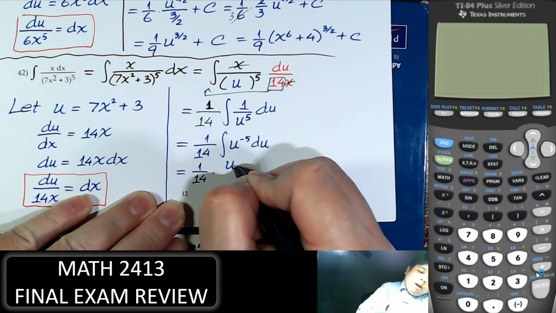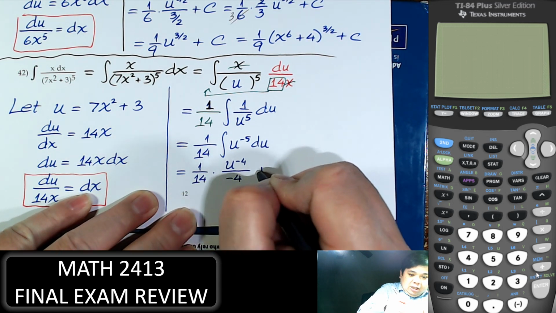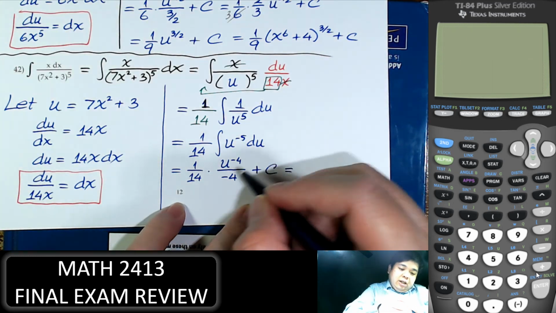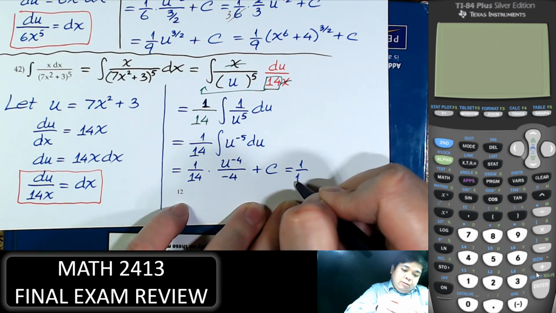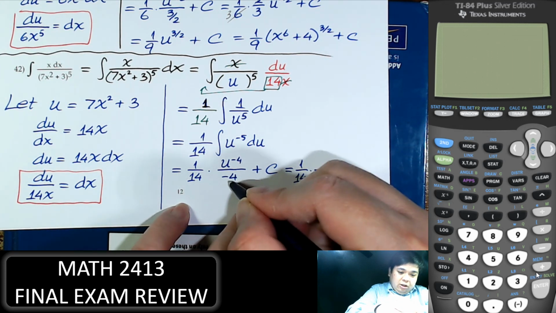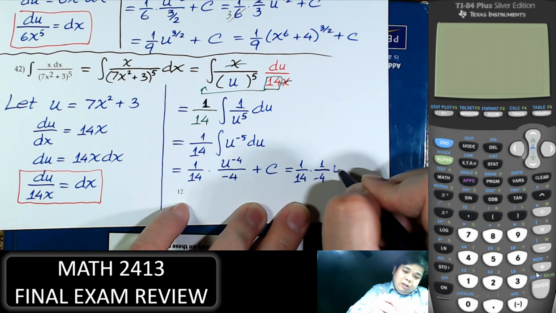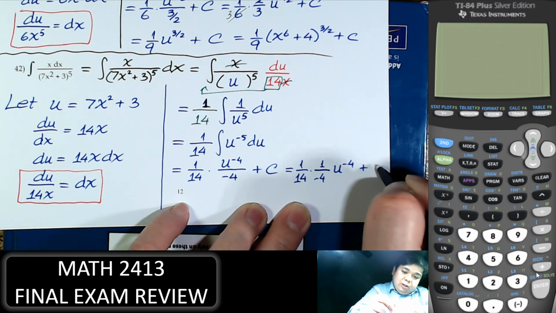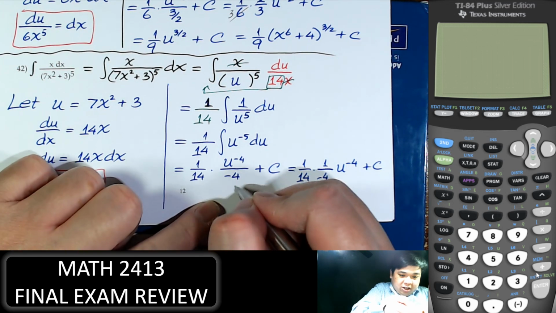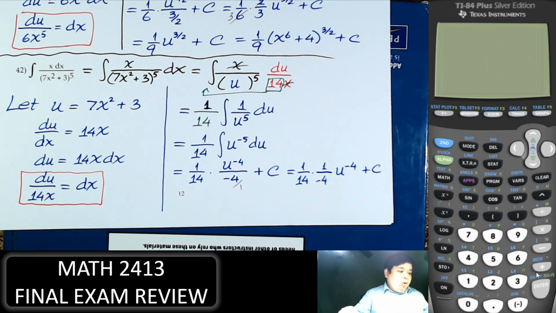Increase the power by 1, divide by the same thing. Let's see. Right. Divide by negative 4. Negative 4 over 1. We can write this as a fraction and divide by fraction, so we flip it. That's what we have.